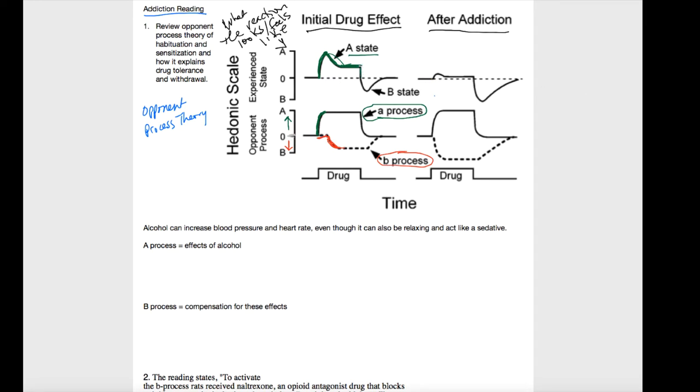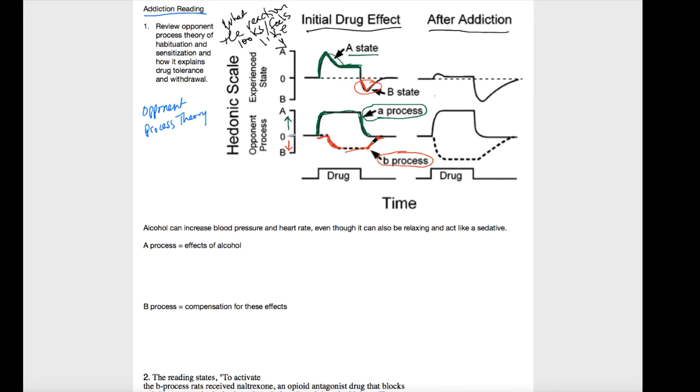And then it goes down, and then look what happens. Oh my gosh. There's a negative down reaction that happens. Why? The B process is slower to go away and to resume back to normal than the A process. The A process kicks in very rapidly when the drug kicks in, and then whoop, goes right back down very quickly as the drug fades away.